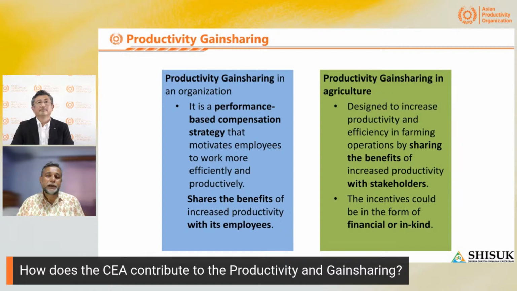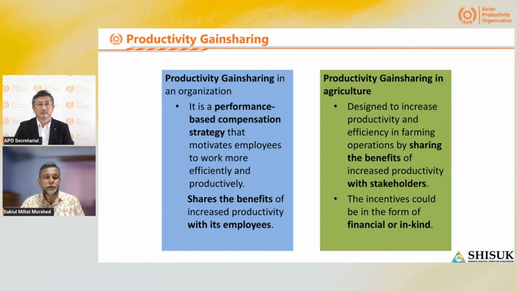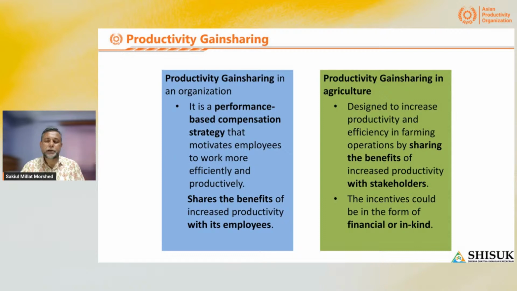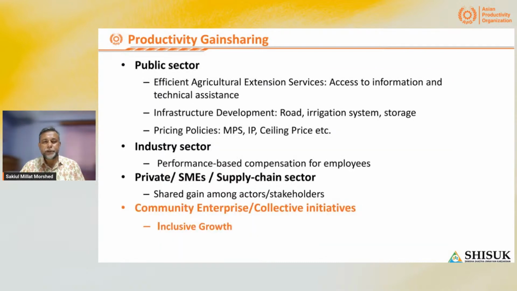It basically improves the performance of the agriculture farm, and the benefit also goes to the stakeholders. In the normal context, we call it an employer-employee relationship, but in the agriculture sector, it is more than that. The stakeholders are involved, and the gain could be financial and in kind as well.